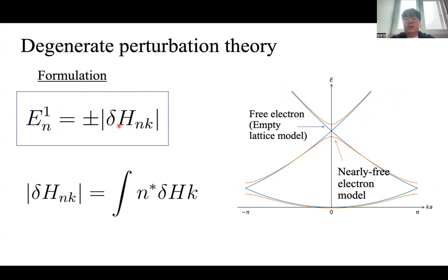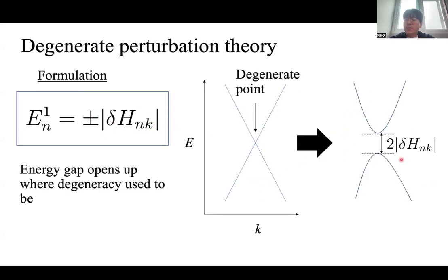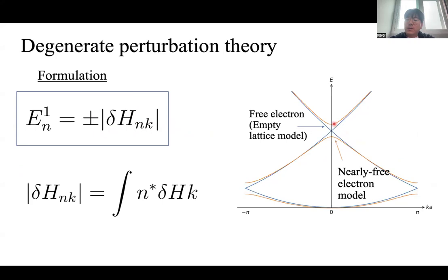If I include that, I'm going to have a certain expectation value associated with that potential for the two eigenstates that make this crossing. That's going to open up a gap with a size of 2 delta H, K, and that's going to give me this band structure.